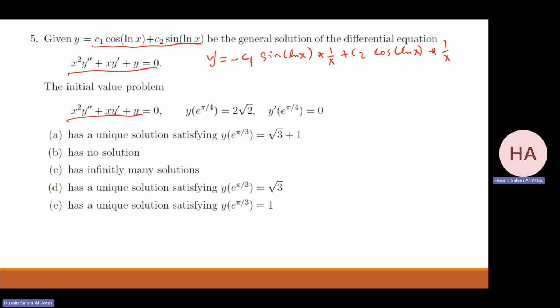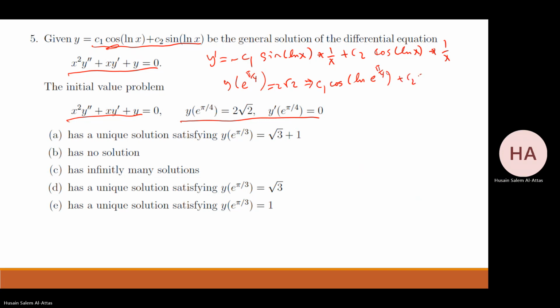Now I need the conditions. y at e to the power pi over 4 equals square root of 2. What will I get? Substituting in this one, let me do it easily: C1 cosine of ln e^(pi/4) plus C2 sine of ln e^(pi/4), that should equal square root of 2.